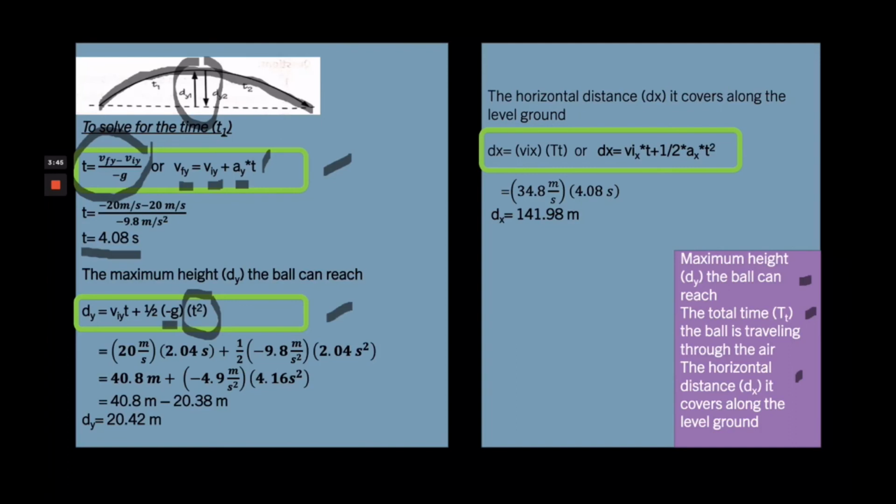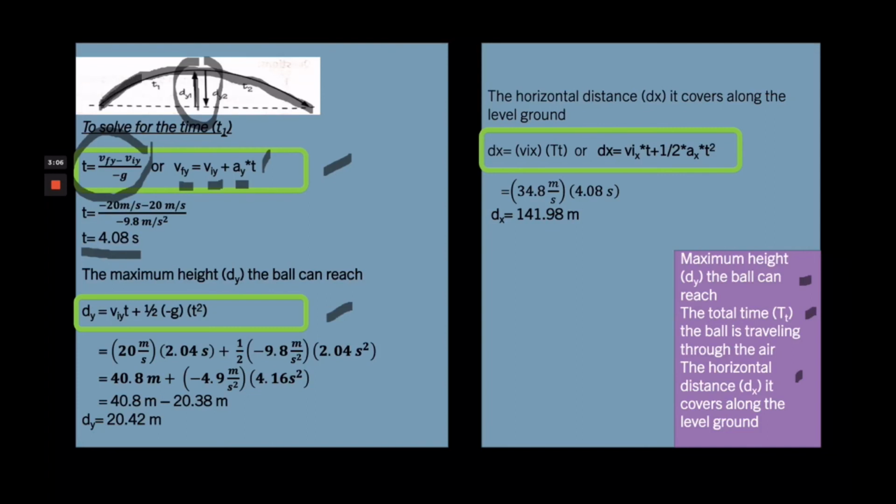Now, since we have already the total time, we are ready to solve for the displacement y. So again, for the displacement y, this is the best kinematic equation we can use. Now we simply substitute. So dy here is equal to the initial velocity y, that's 20 meter per second, times time. Our time here is 2.04 seconds. Why is that? Because again, we're looking for this one.